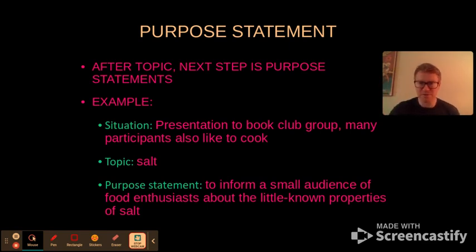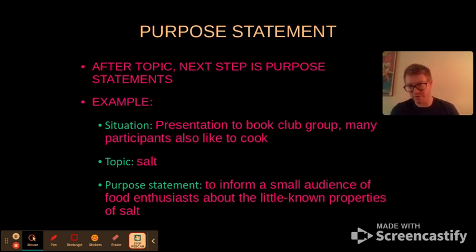Maybe they're not so little known even, but it's a specific enough thing where even if somebody knows one of the things that you say, your overall goal of highlighting this thing that maybe often gets overlooked is specific enough that you'll be broadly informative to the people in the audience, and it will add something to something that they already know a little bit about and like, and might be interested in.